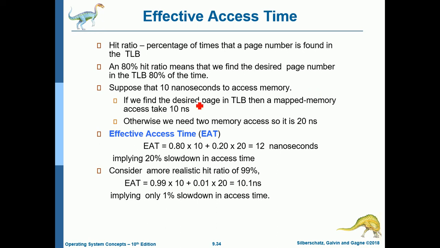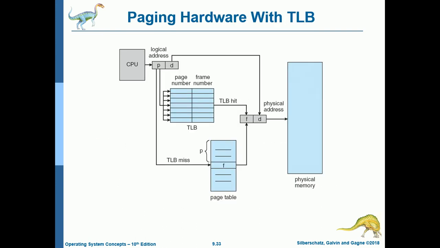So why is it 2 memory accesses? As we can remember, let's go back to the figure. For the page number, it will always search first inside the TLB. If the page number is already available, that will be a TLB hit, so it's only one access. But once the page number is not available in the TLB, it is first accessed in the TLB, and then it will also access the page table.